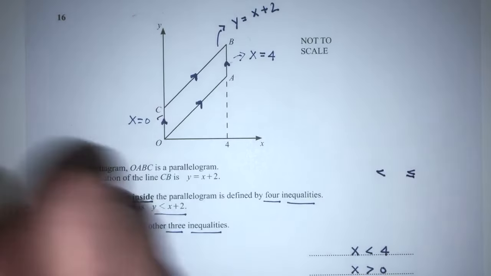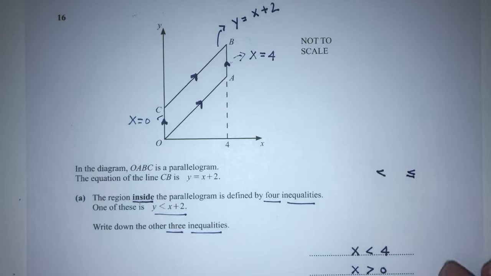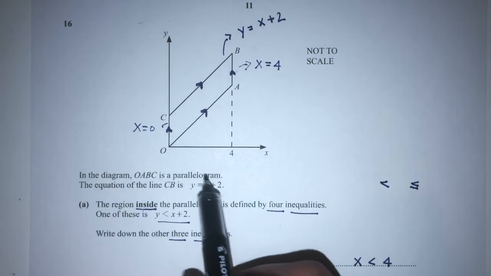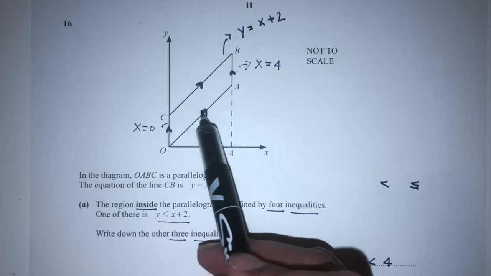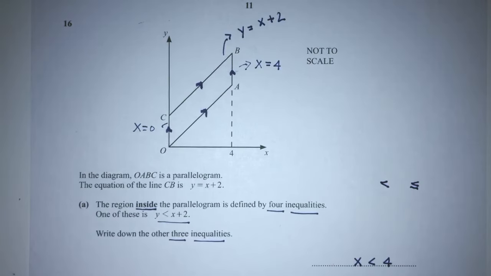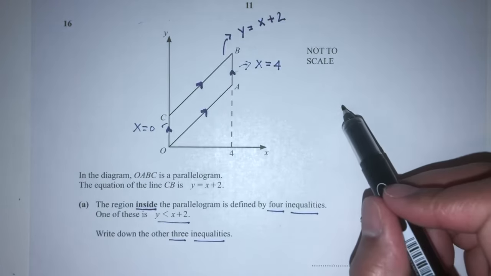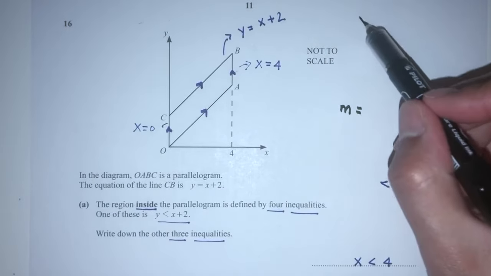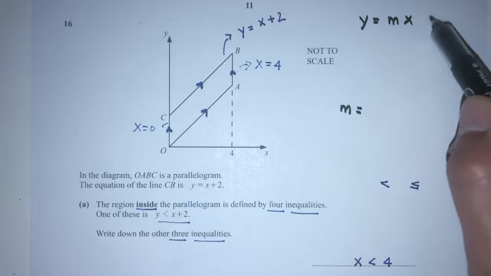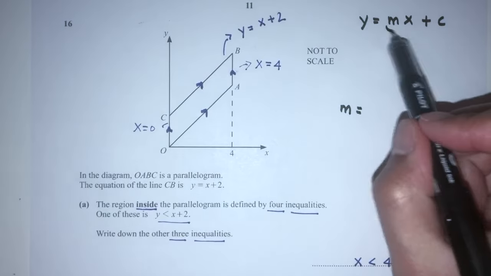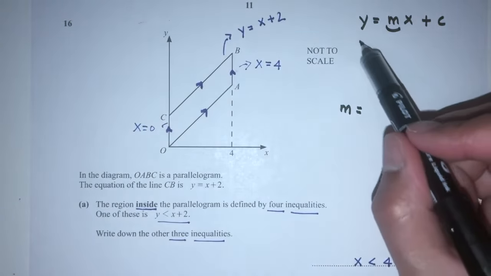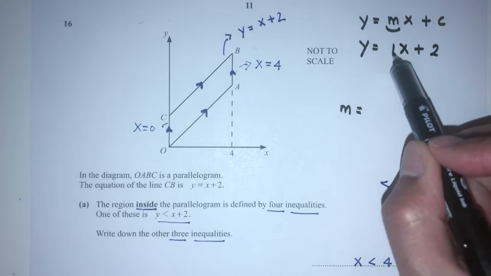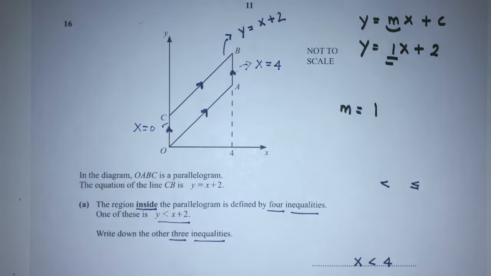Now how about this line? How can you find the equation? One thing we can use here is because it is a parallelogram, we know that these two lines are parallel. What do you know about parallel lines? You know that they have the same gradient. Whenever you have y equal to mx plus c, we know m is the gradient. If you observe this line, y equal to x plus 2, the coefficient of x is 1, so 1 here is the gradient.